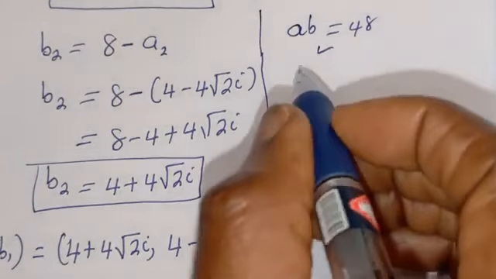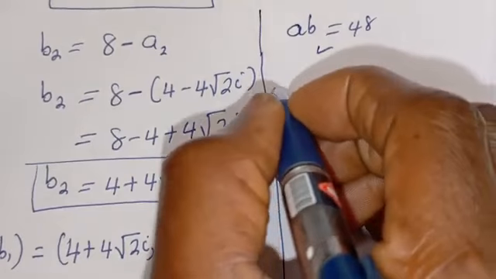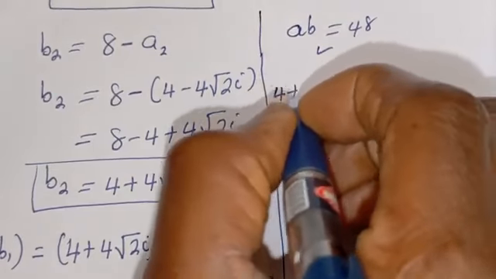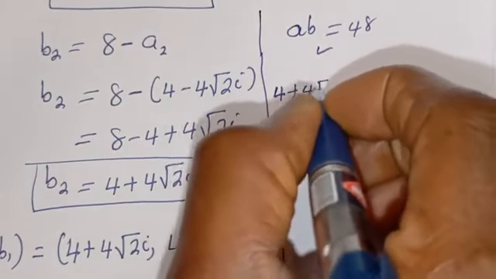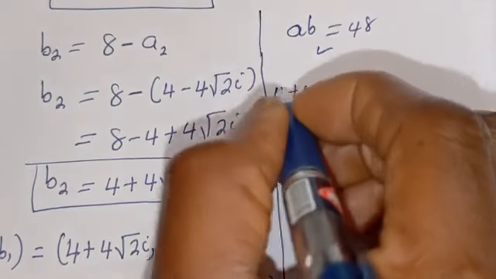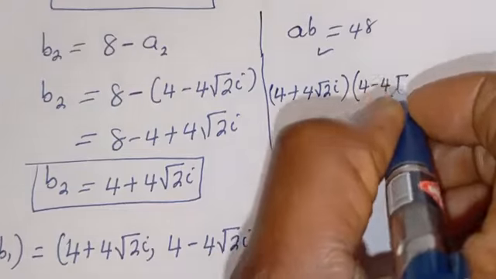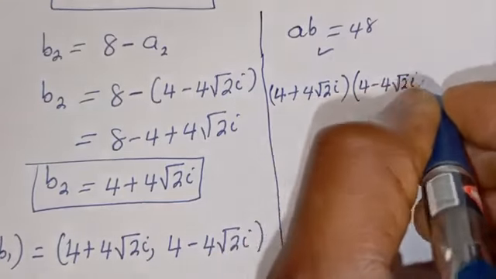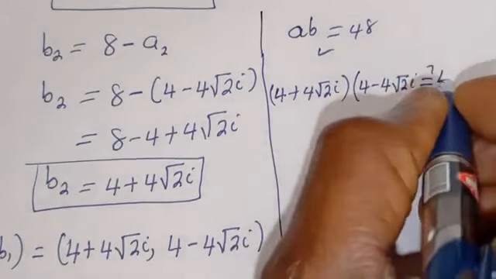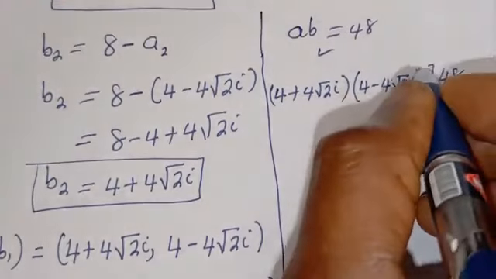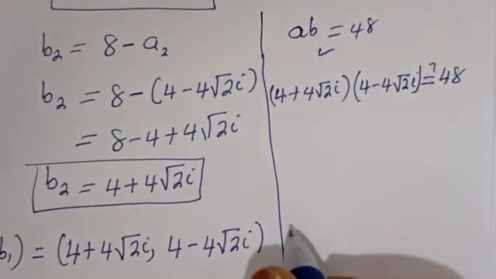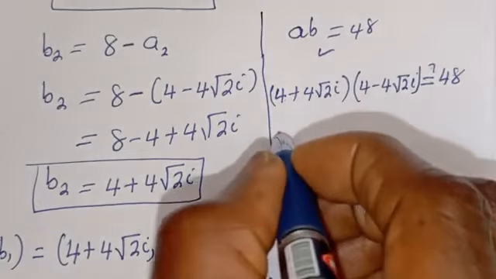We've considered the sum. Now let's test AB is equal to 48. Then we know that A is 4 plus 4 square root of 2I bracket 4 minus 4 square root of 2I must be equal to 48. Now let's open. 4 times 4, this is 16.